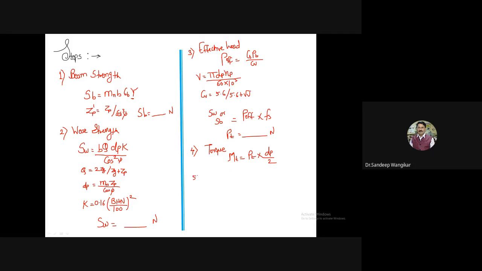Finally, you will calculate the power transmitting capacity by using the relation MT is equal to 60 into 10 raised to 6 kilowatt divided by 2 pi NP. If you substitute all these, you will get the value of power. So these are the steps that we have to follow.